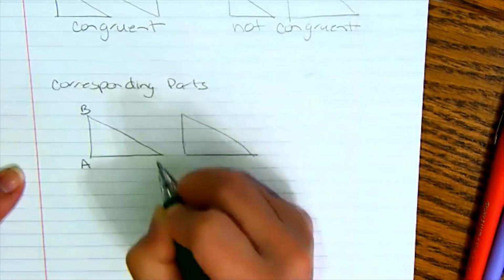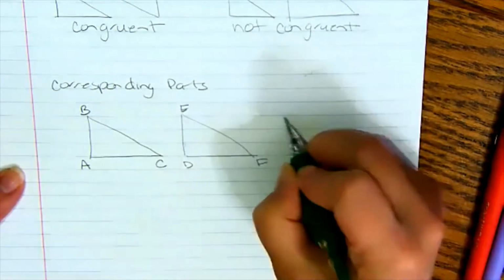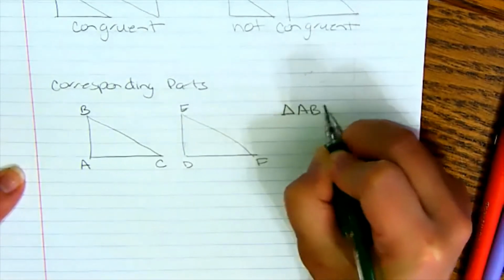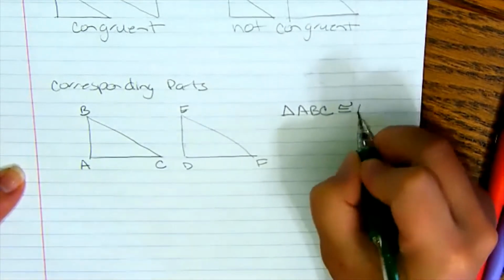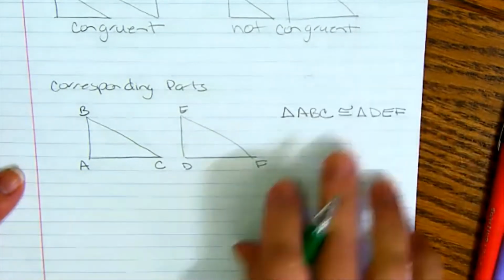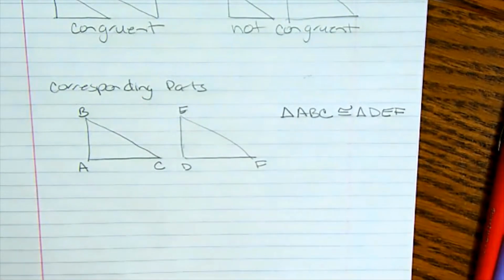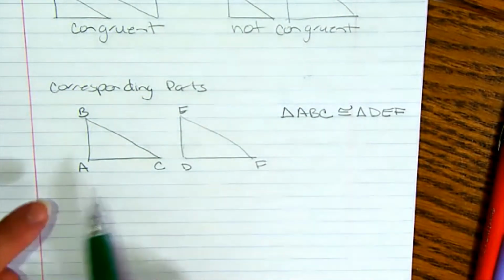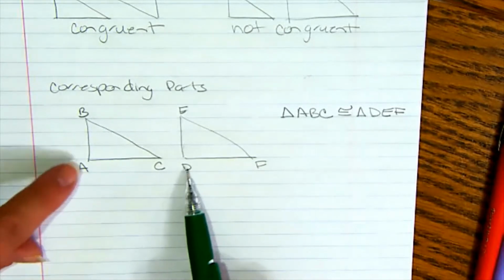A, B, C, D, E, F. Triangle ABC is congruent to triangle DEF. That means they're the same size and the same shape. And when we label congruent triangles, we need to label the points in the same order.